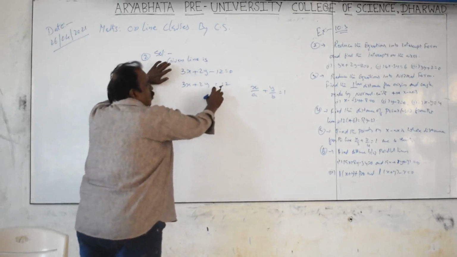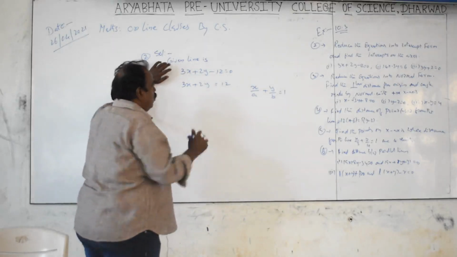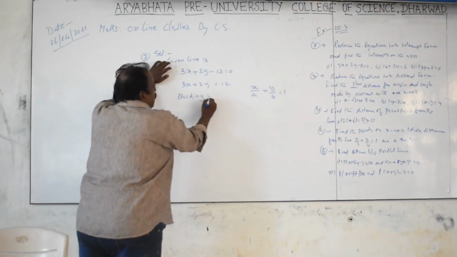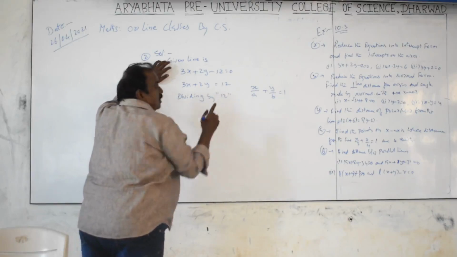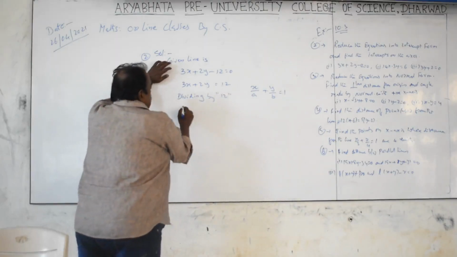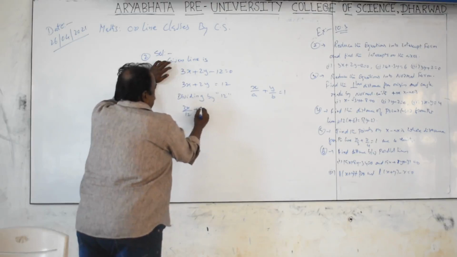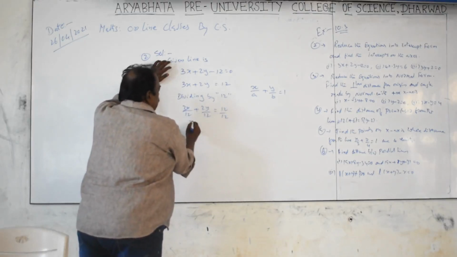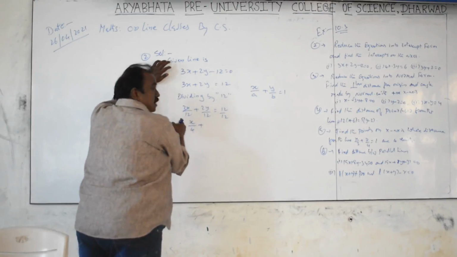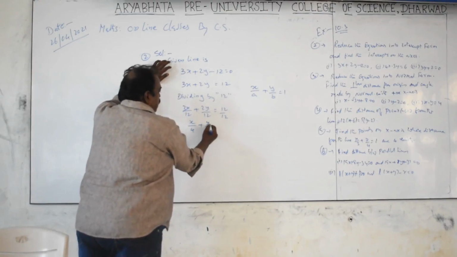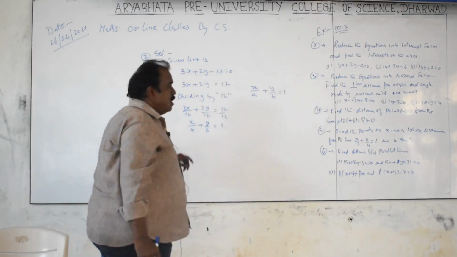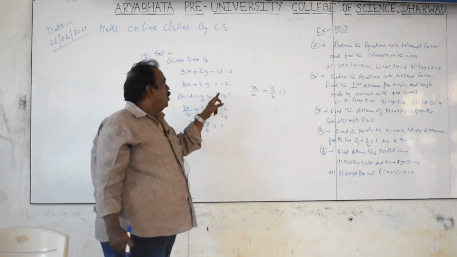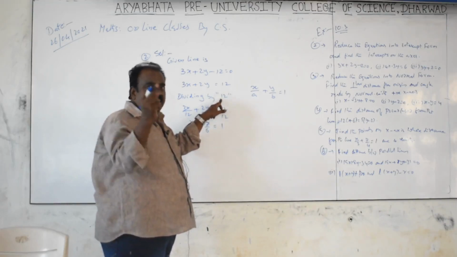In order to get 1 in the RHS, we have to divide with 12. That is 3x by 12 plus 2y by 12 is equal to 12 by 12. This is x by 4 plus y by 6 is equal to 1. In order to get 1 in RHS, we have to divide with that constant only.